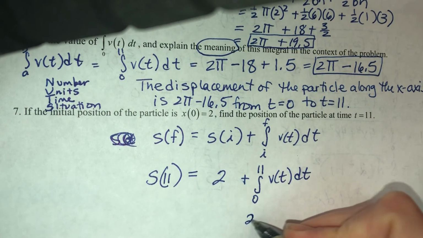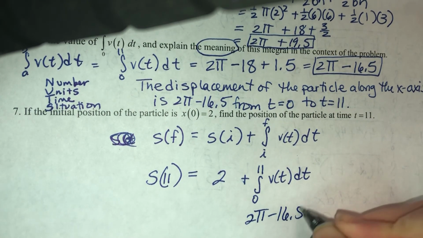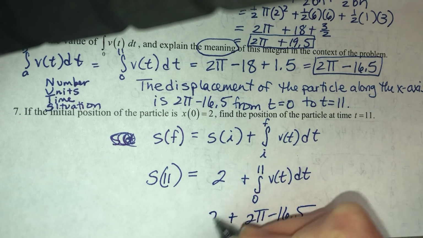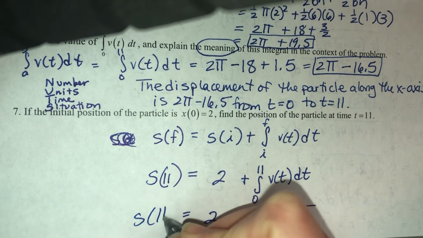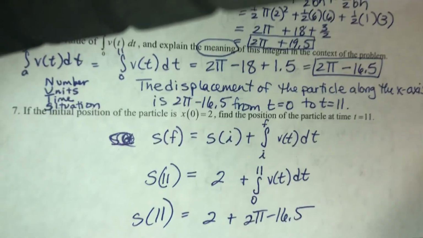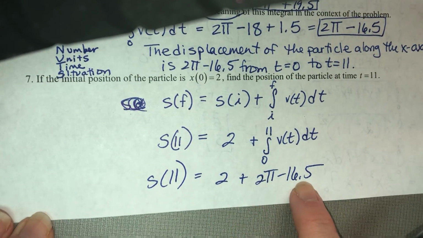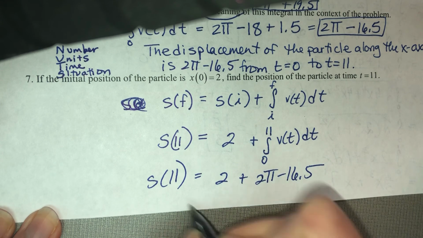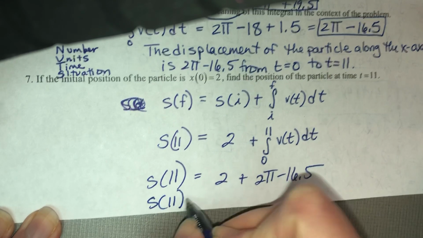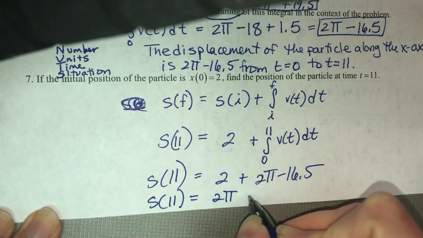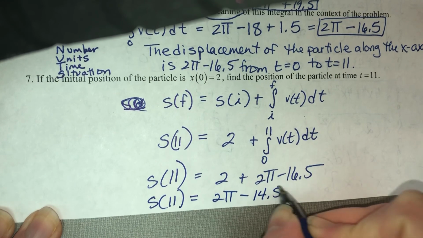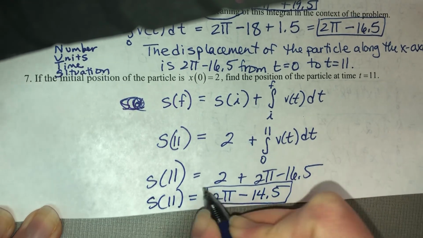So I can replace that, 2 pi minus 16.5, and just add 2. So, combine the like terms here, 2 minus 16.5, and I'm going to have S of 11 equals 2 pi minus 14.5. That's the answer.